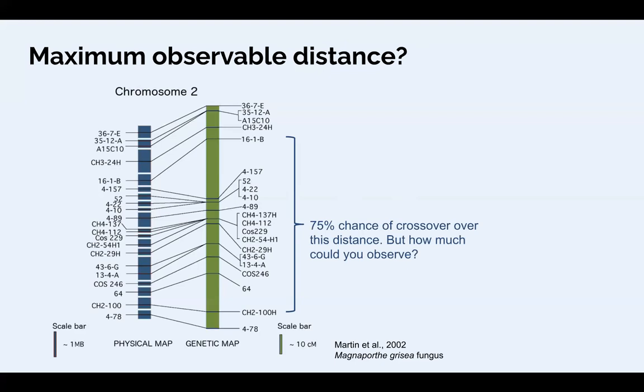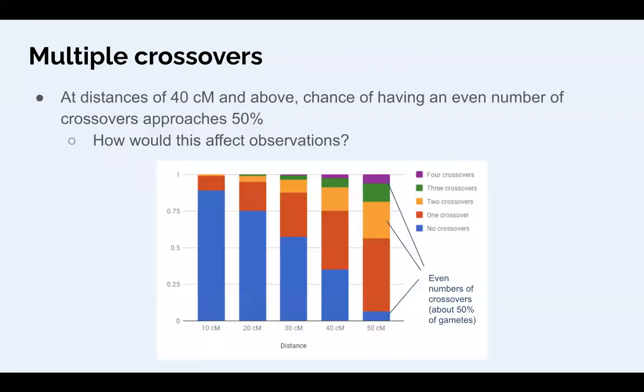So that's pretty substantial. And over big distances, the problem is that it's more likely that crossing over is going to happen more than once. So if it's 75% likely to have one crossover event, then it's also fairly likely to have more than one crossover event.